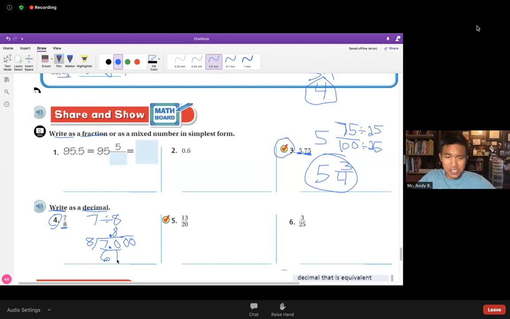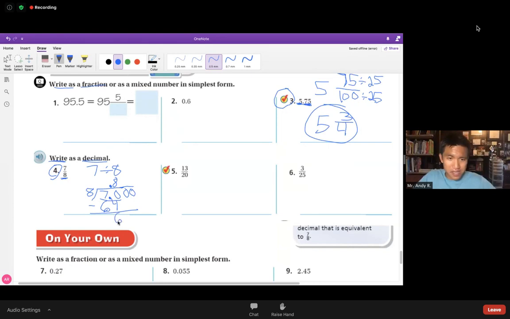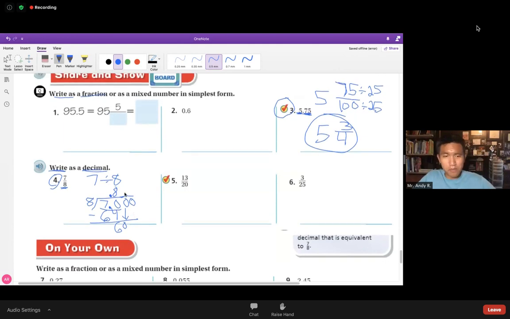So that's close. 70 minus 64 is 6, and then I drop down the 0, 60, and then 8 goes into 60 7 times, because we remember 8 times 7 is 56. So 60 minus 56 is 4, and then drop down the last 0. Look at that, 40.